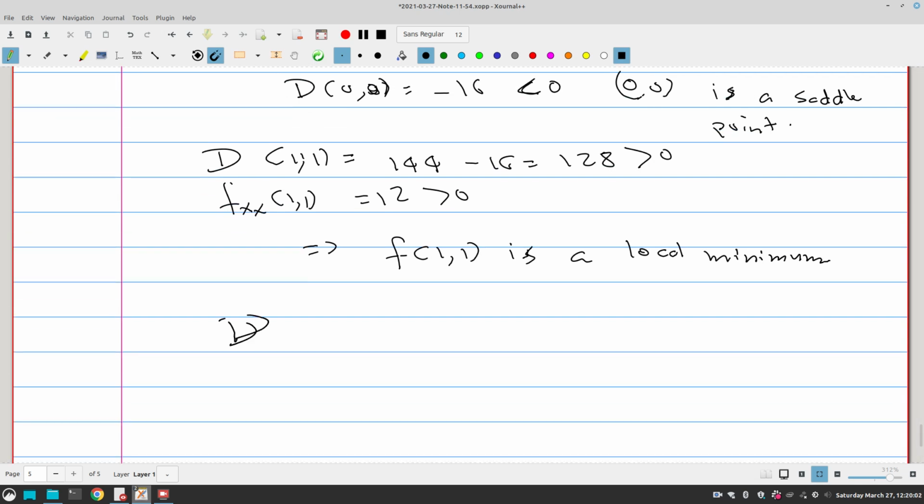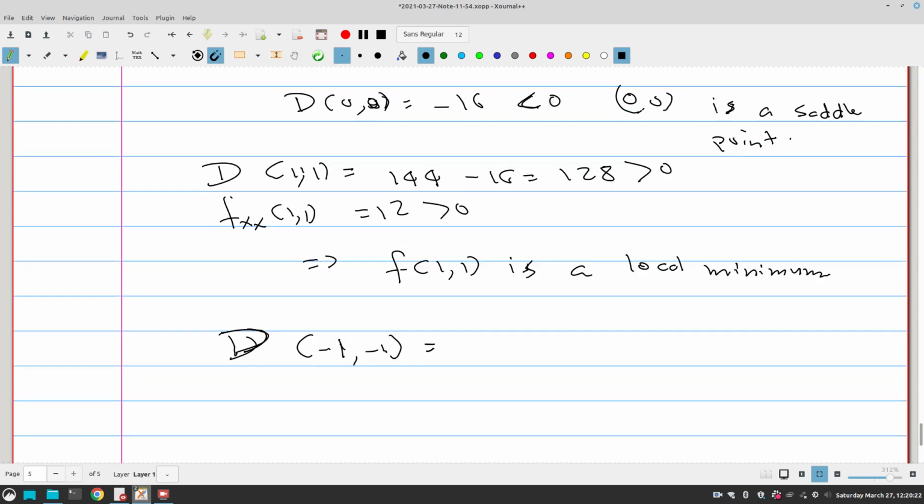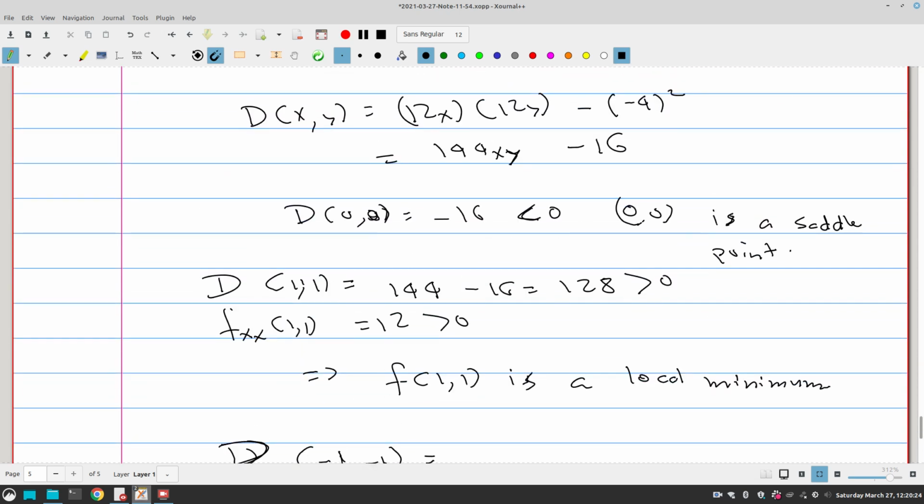And similarly, D of (-1, -1) is also equal to 128, which is greater than 0.